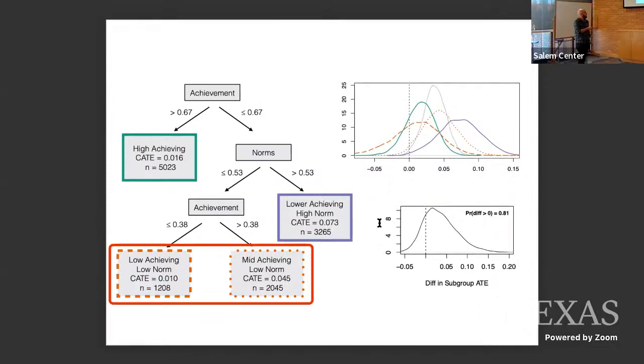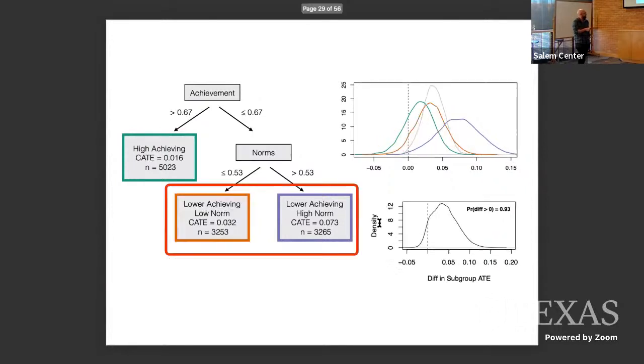Down near that first tercile, I separate out these 2 subgroups. We're less confident that there actually is a difference here, and so I probably prefer to look at this set of subgroups here. So that's one way to try to get at how the treatment effects are varying across different populations.